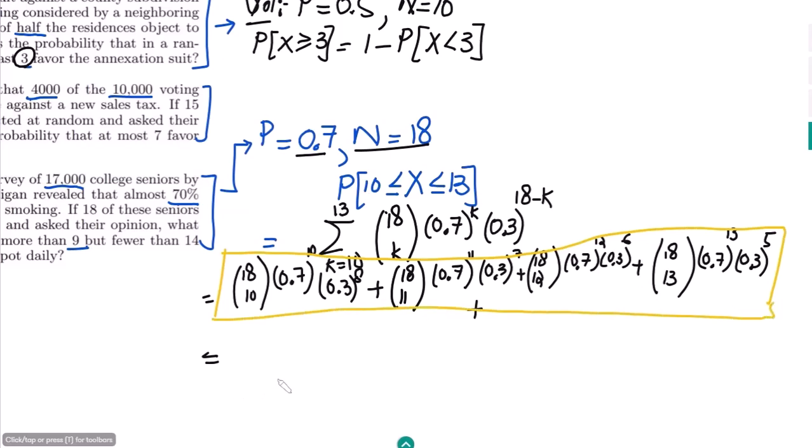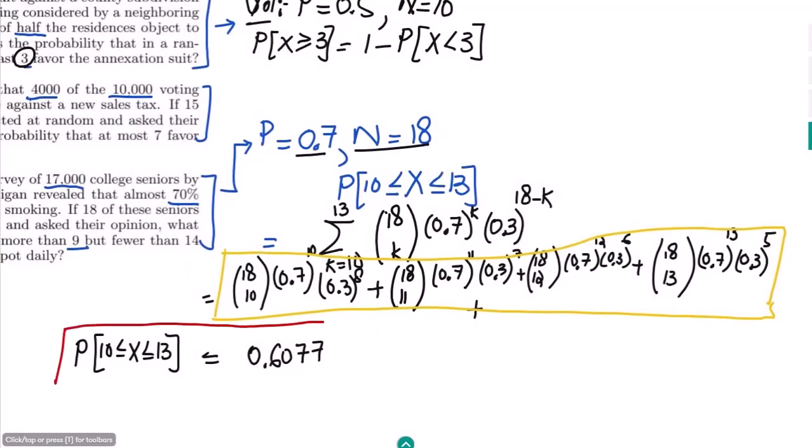Adding them, the answer will be 0.6077. This is basically the probability that x is greater or equal to 10 and less than or equal to 13, and that is the solution we wanted to find out.